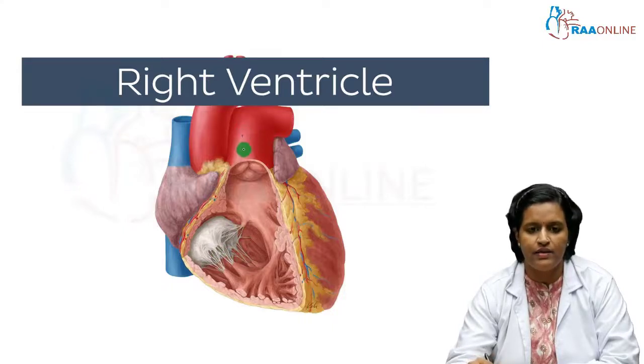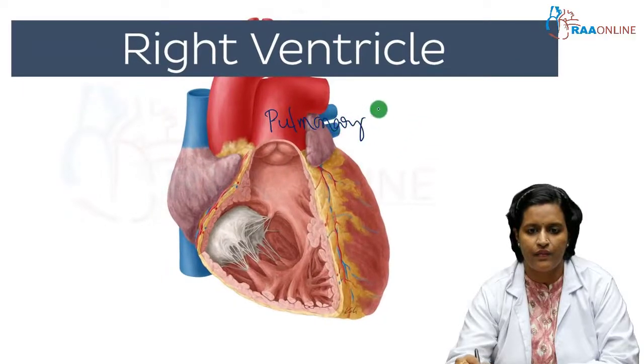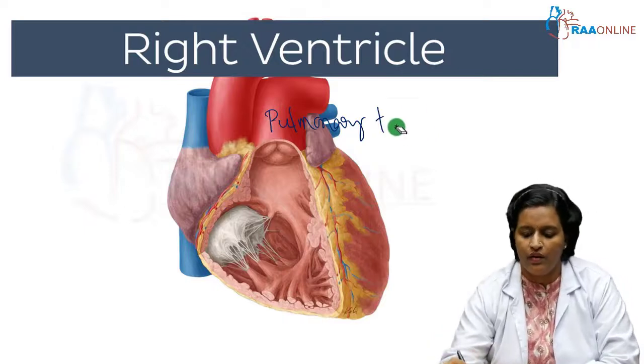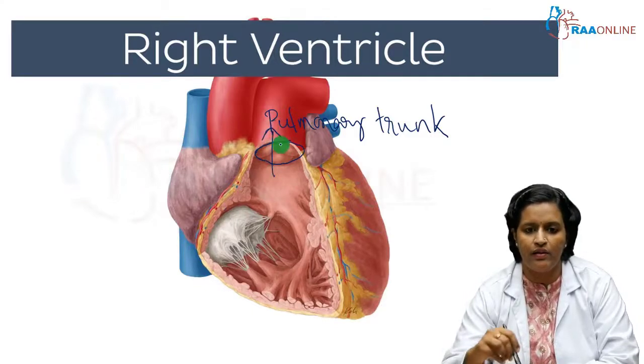This vessel is the pulmonary trunk. This area is the pulmonary orifice, through which the right ventricle communicates with the pulmonary trunk.